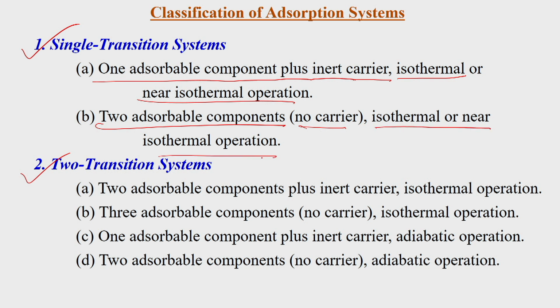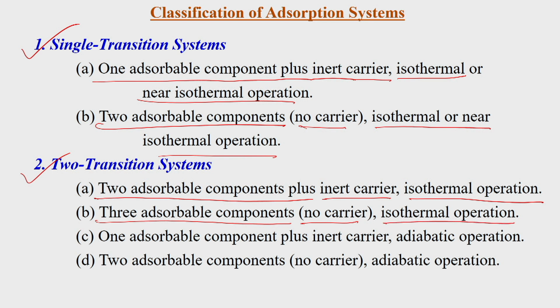For two transition systems: two adsorbable components plus inert carrier, isothermal operation; three adsorbable components without any carrier, isothermal operation; one adsorbable component plus one inert carrier, adiabatic operation; and two adsorbable components without any carrier, adiabatic operation.